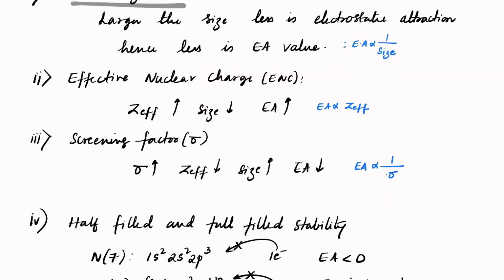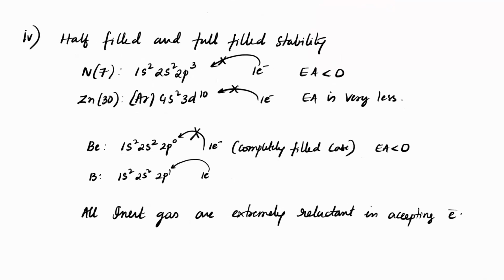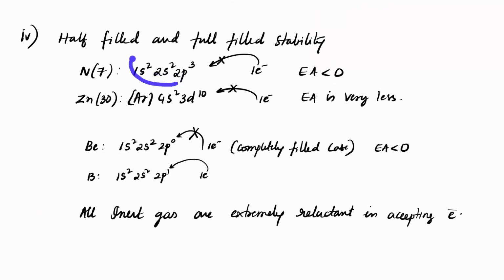Okay. Half-filled nature. See, for example, nitrogen. We just discussed the fact that nitrogen has degenerate orbitals in 2p and they are relatively stable. Would they like to engage with one more electron here? Answer is no. Normally an atom will immediately accept an electron and release the energy, but not in the case of nitrogen.